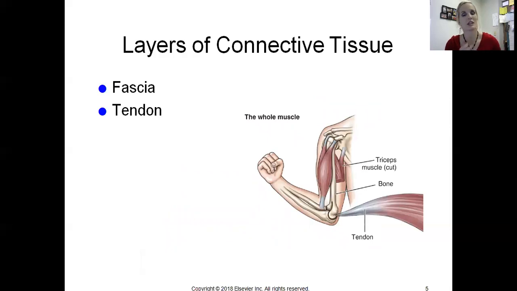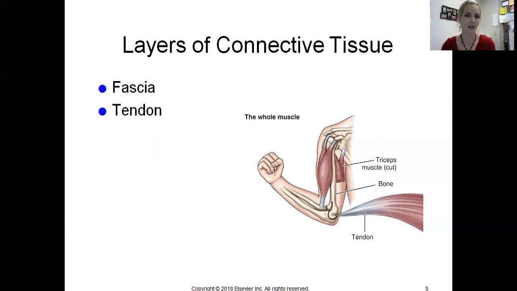A couple different connective tissue terms I want you guys to be familiar with in this chapter. Fascia. Fascia is a connective tissue. It's a membrane that goes all the way around our muscle tissue, and it's underneath our skin, and it's what connects the skin to the muscle. There's actually different layers of that fascia within the muscle tissue.